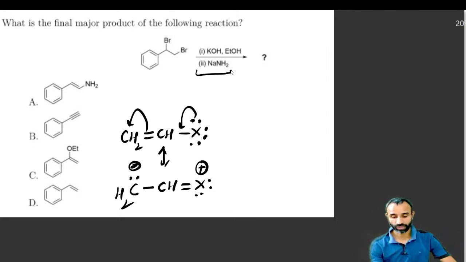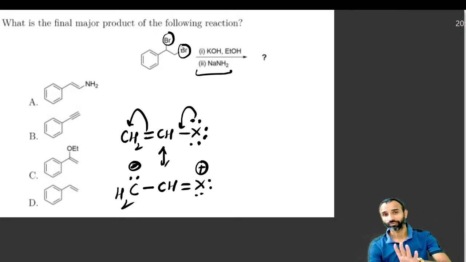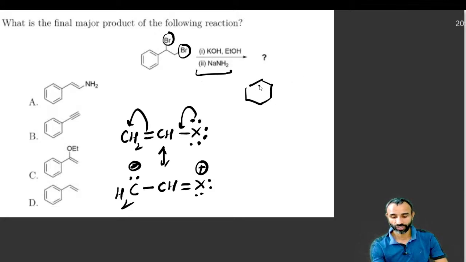But alcoholic KOH cannot remove it. So that means both Br are removed one by one along with H. The first beta elimination will give a double bond, and the second beta elimination leads to the formation of a triple bond.